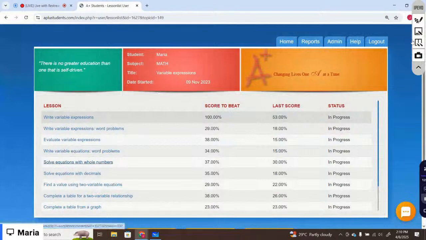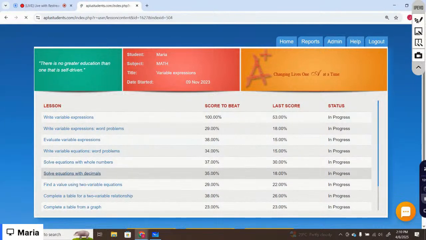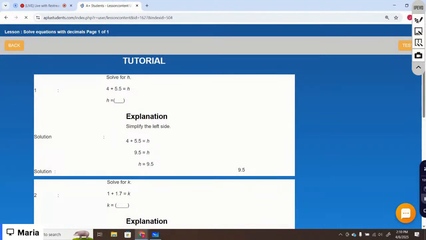The next lesson is solve equations with decimals. Solve for h. 4 plus 5.5 equals h.